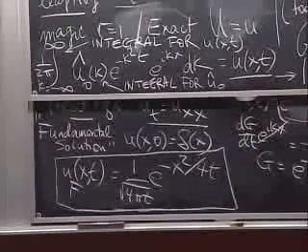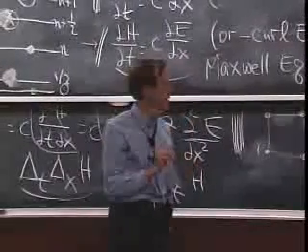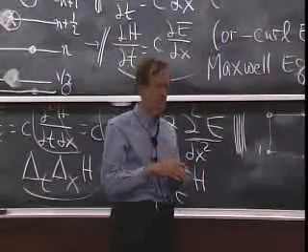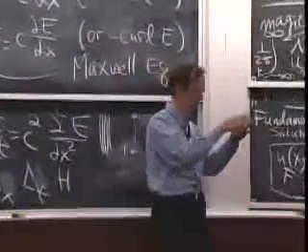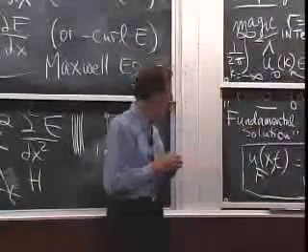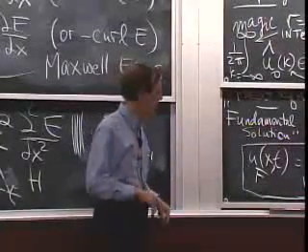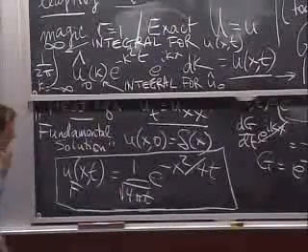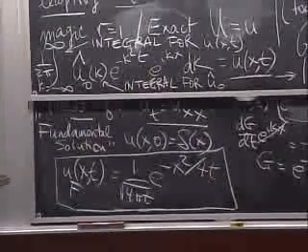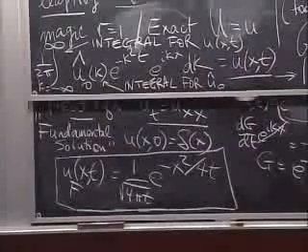So we learn that the solution to the heat equation coming from a point source is a bell-shaped Gaussian curve that gets wider and wider as t increases. But I guess you would want to look to see, well, what happens as t comes down to 0?